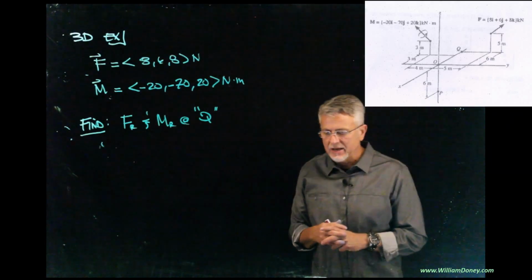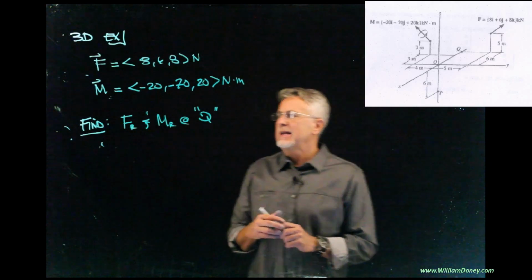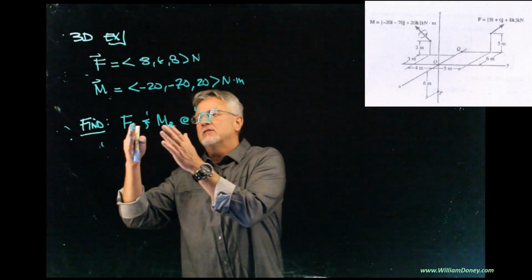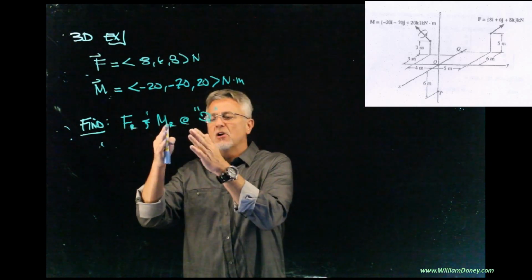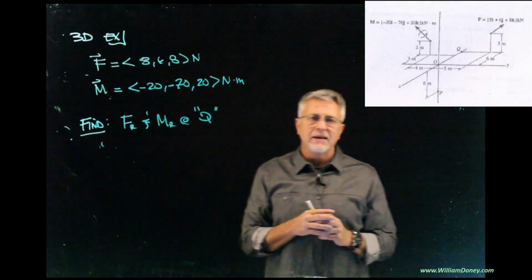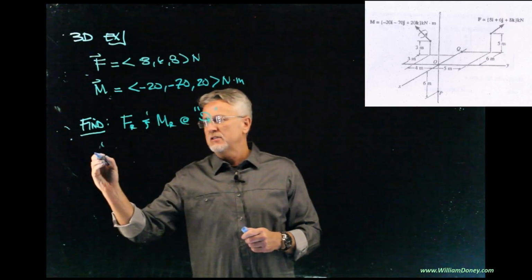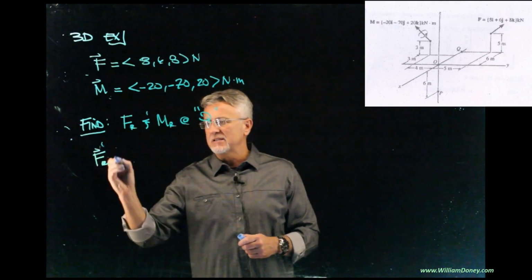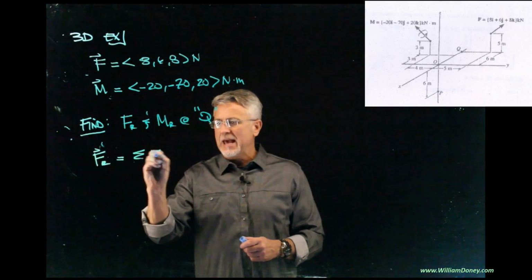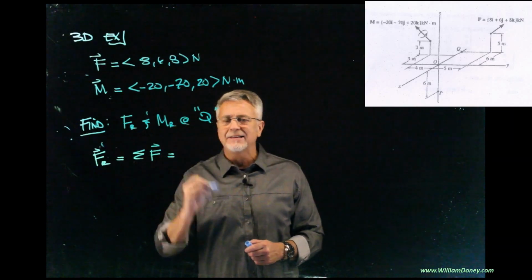All right, so let's go ahead and do this problem. Again, we have to find the single resultant force and then find the resultant moment and then apply them to point Q if we have to adjust them. So first step, find that resultant force. Again, it's a vector. That means we add up all the forces acting in the problem.